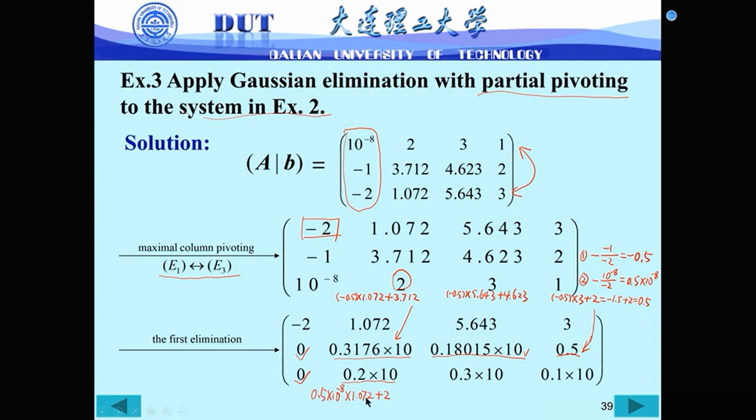Compared with this small number, 2 is a big number. So again, the large number dominates the small number, and you will obtain 0.2 multiply 10. That is just 2. So you can practice.